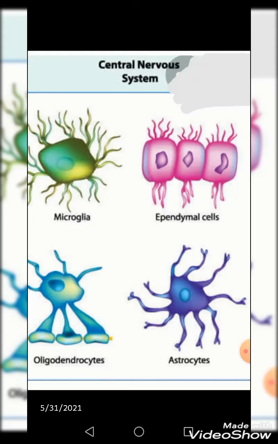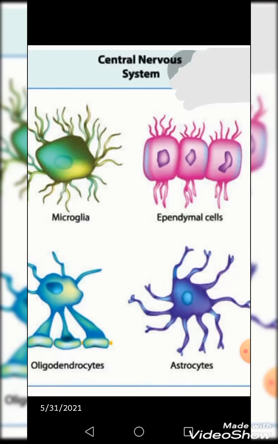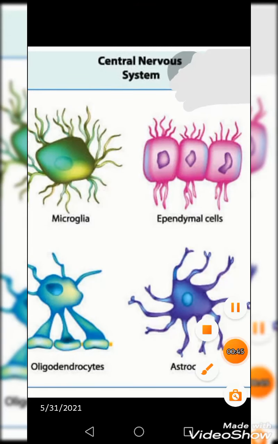And developmentally, the astrocytes, oligodendrocytes, and ependymal cells come from the ectoderm of the neural crest, right? And what about the microglial cells? They come from the precursor cells present in the bone marrow, right? Now we will discuss them one by one.